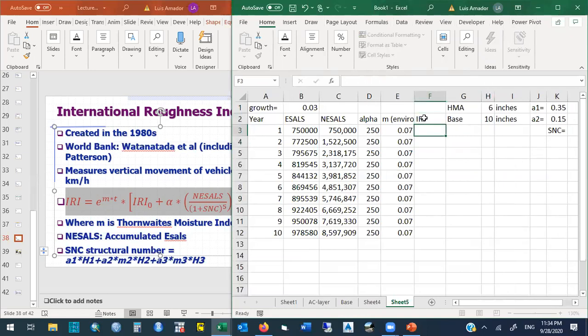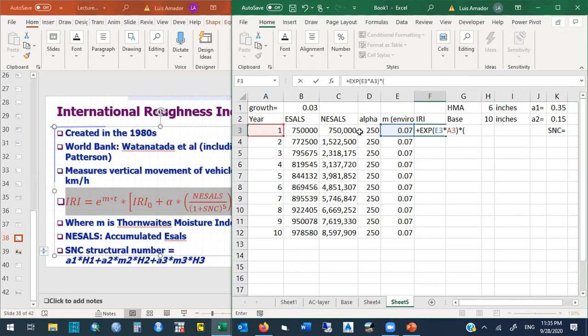And I'm going to have my RI, which is going to be equal to EXP of M times the time times the RI0.